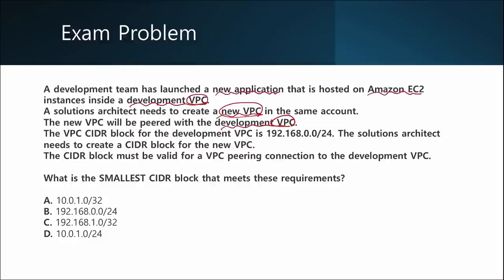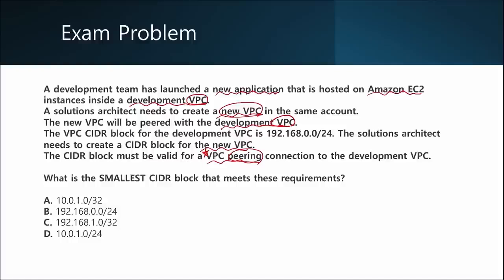The VPC CIDR block for the development VPC is 192.168.0.0/24. The solutions architect needs to create a CIDR block for the new VPC. The CIDR block must be valid for a VPC peering connection to the development VPC. The question is, what is the smallest CIDR block that meets these requirements?